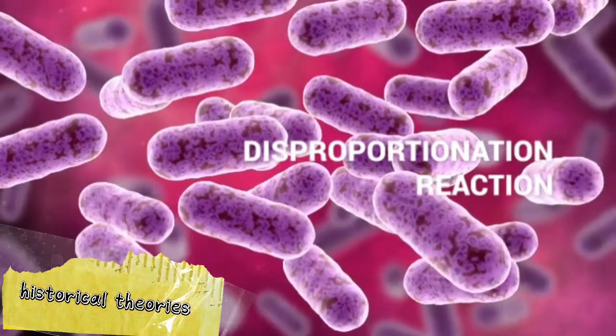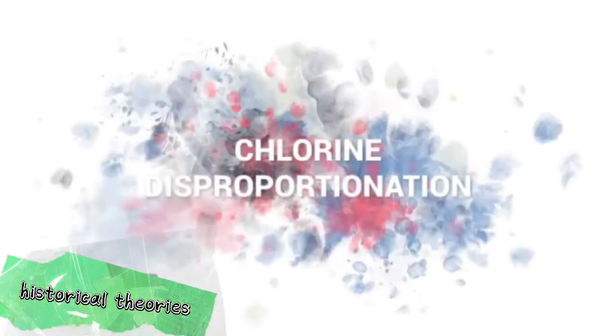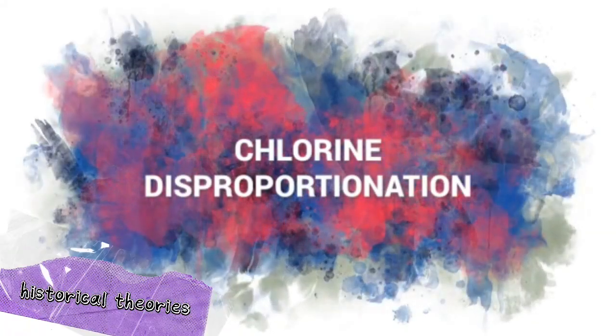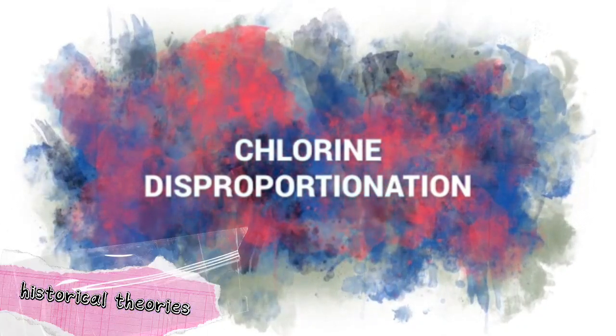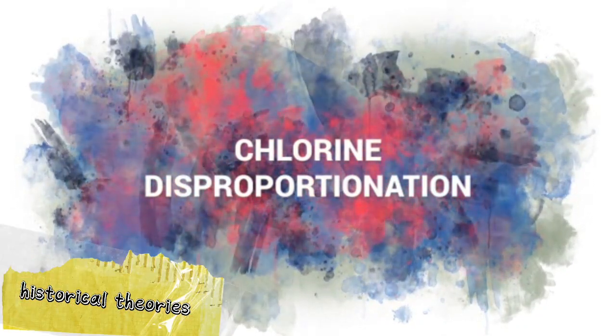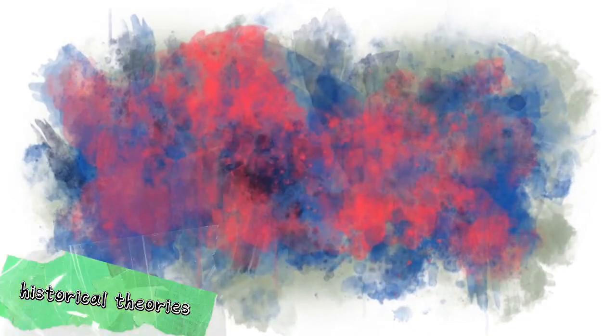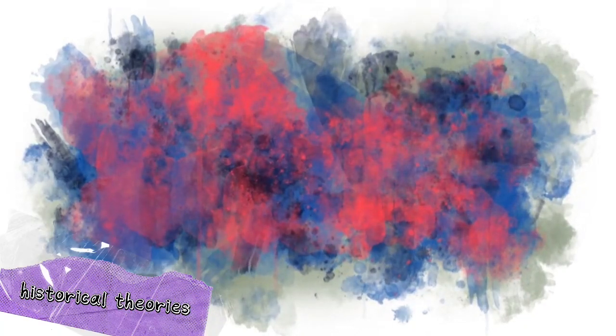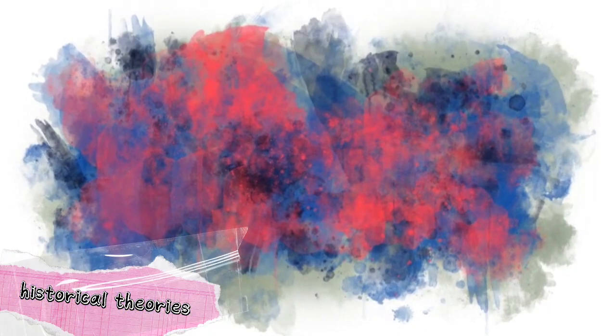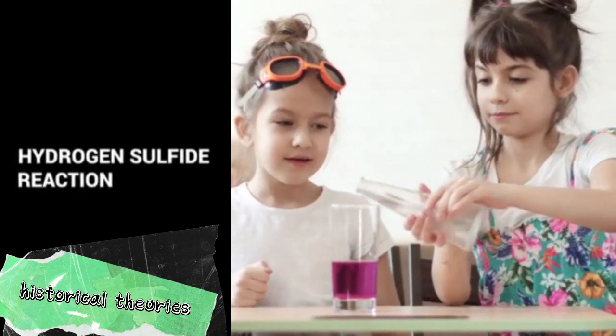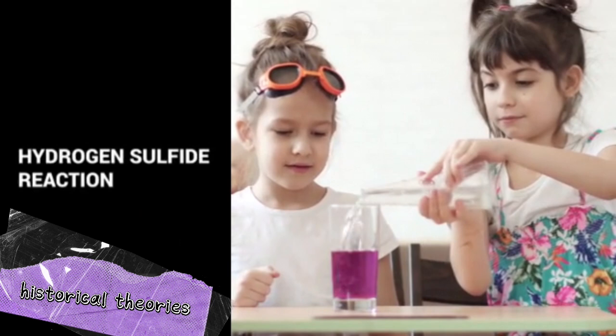H2O2 disproportionation: H2O2 gives H2O plus 1/2 O2. 14. Cl2 disproportionation: 3Cl2 plus 6OH- gives ClO3- plus 5Cl- plus 3H2O.